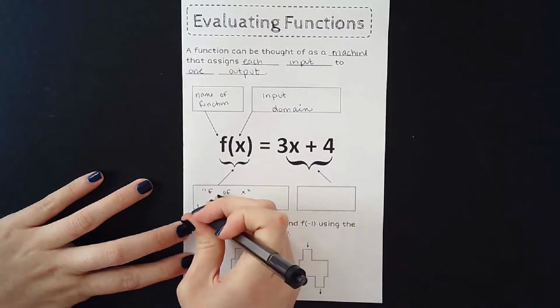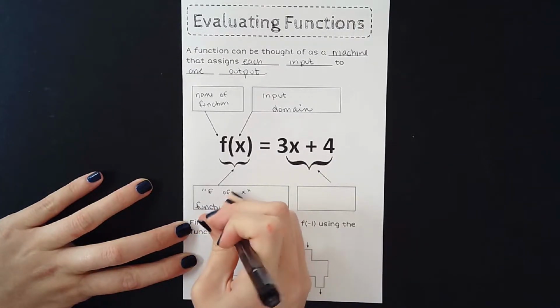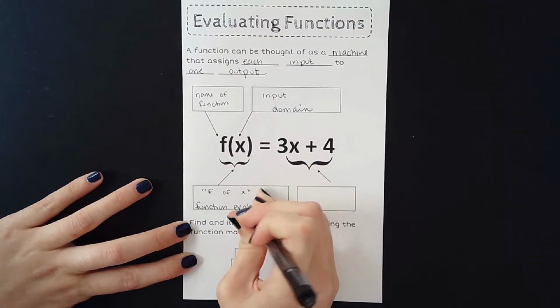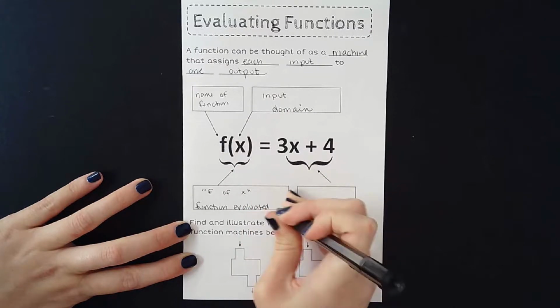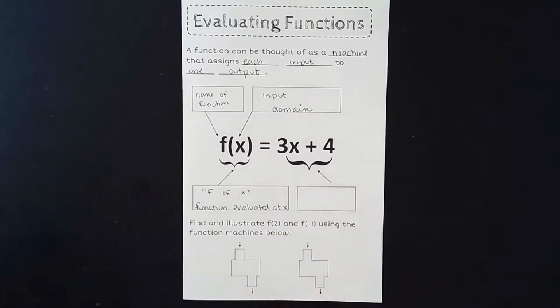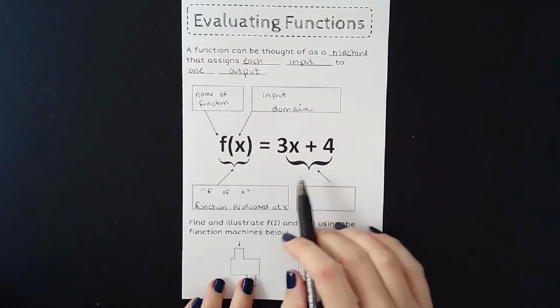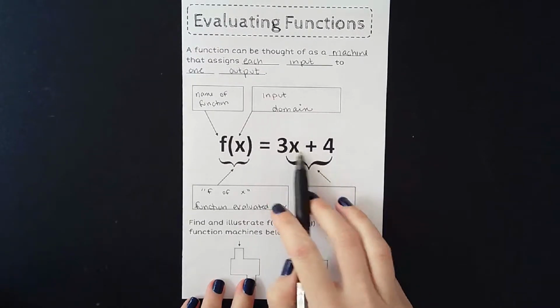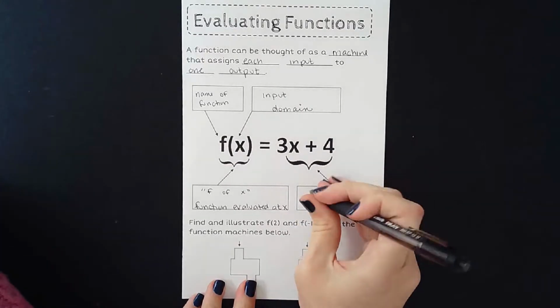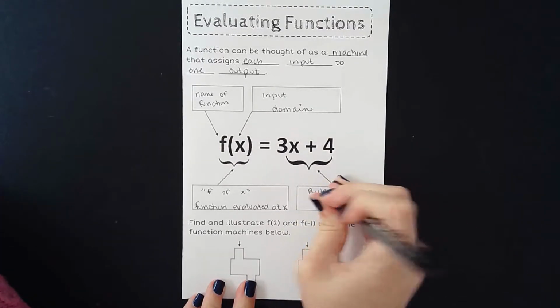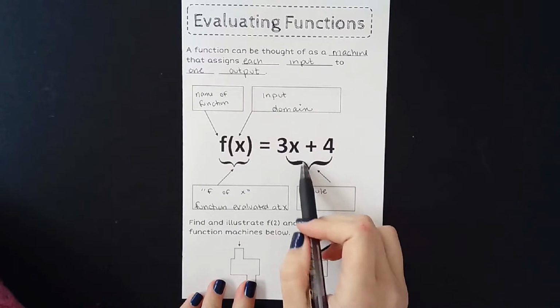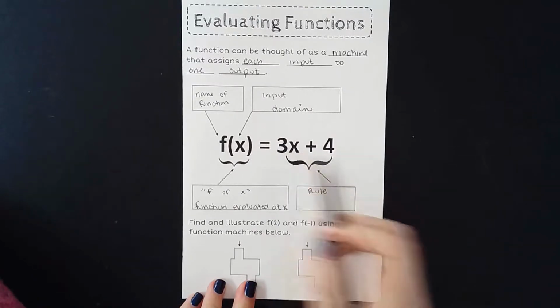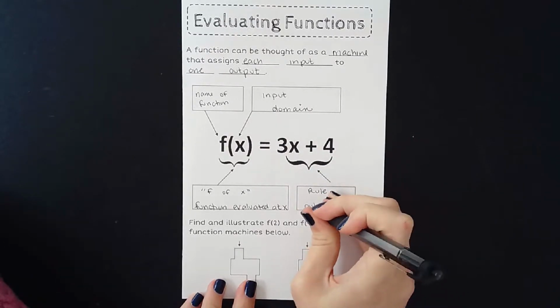And it means our function evaluated at x. When we are evaluating that function, we're following this rule here on the right. And when we follow that rule, when we substitute a number for x, this is also how we would get our output.